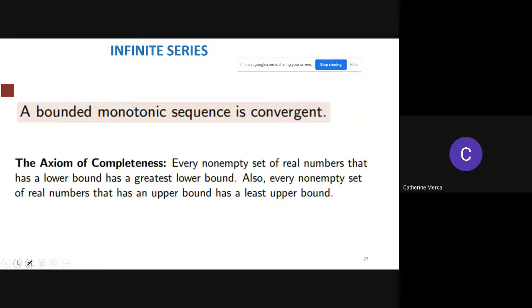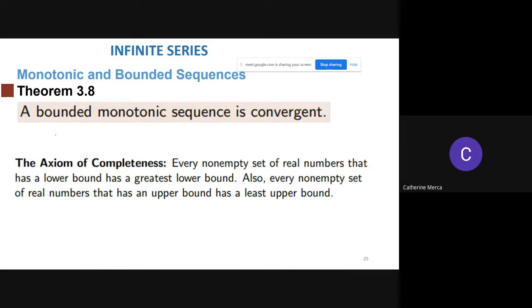So we have the following theorem. That is, a bounded monotonic sequence is convergent. Kinahanglan daw, if you have bounded, then monotonic siya, convergent siya ang result. So, unsay definition sa bounded?